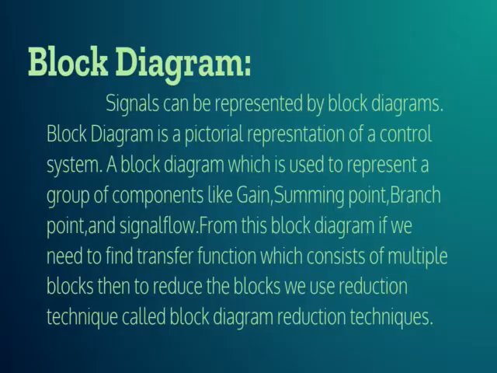From this block diagram, if we need to find a transfer function which consists of multiple blocks, then to reduce the blocks, we use reduction techniques called block diagram reduction techniques.